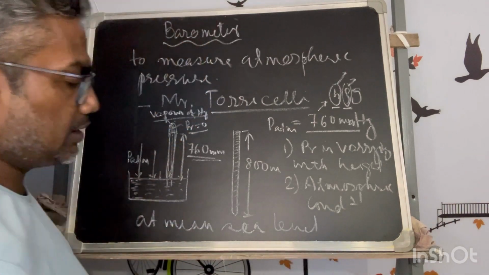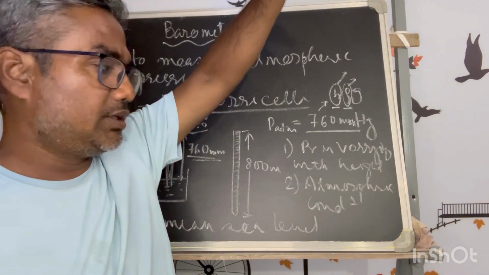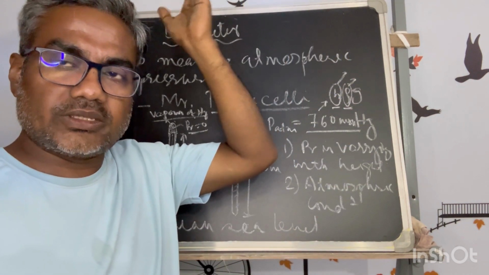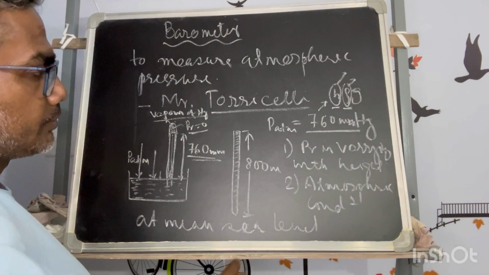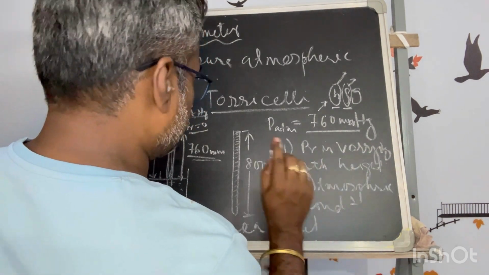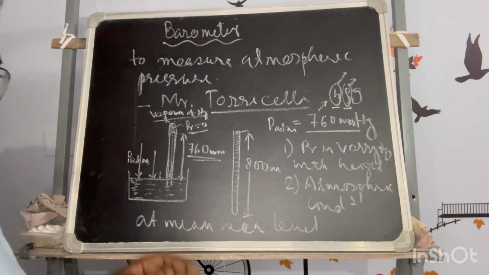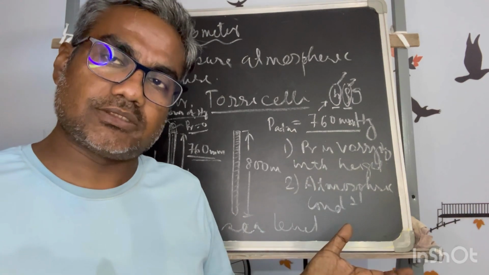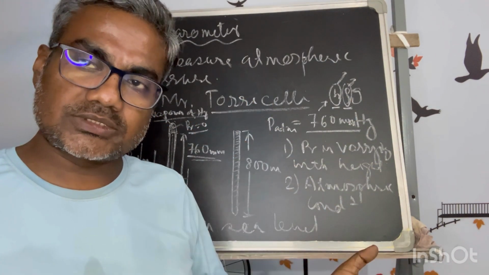At any other elevation, if he goes up a mountain, he will get a lesser value, because as elevation goes up, the value of pressure goes down. So the pressure varies with elevation, and density may change. Even if it is an ideal fluid, density will change with temperature, even for an incompressible, non-viscous oil.